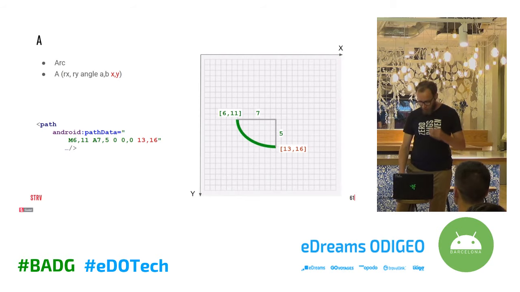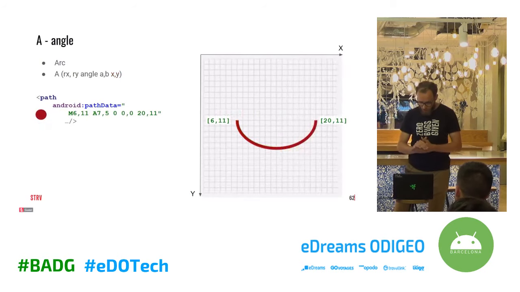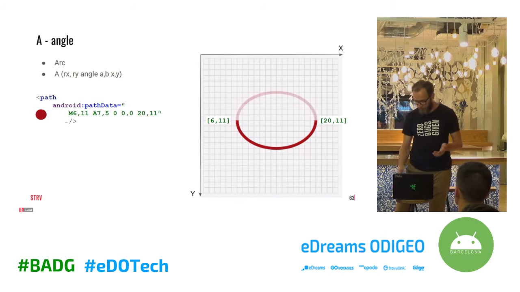Great. So to explain how an angle works, I created this half ellipse, and then just for the purpose of showing how it works, I created a whole ellipse, just to complement it with this particular command.